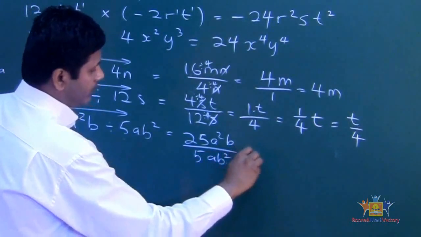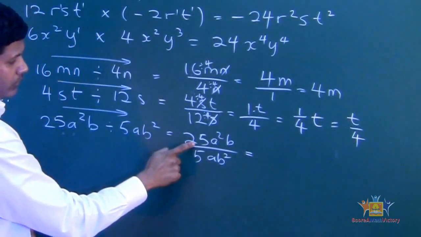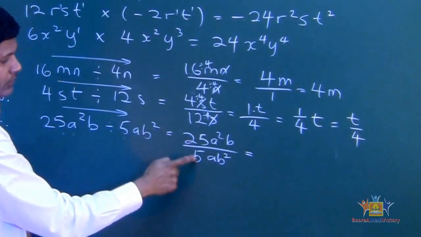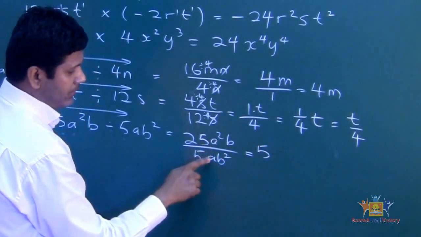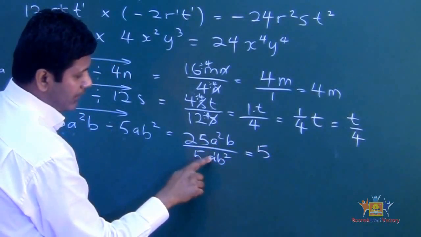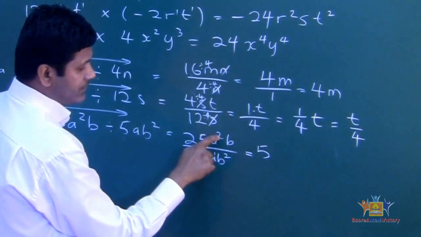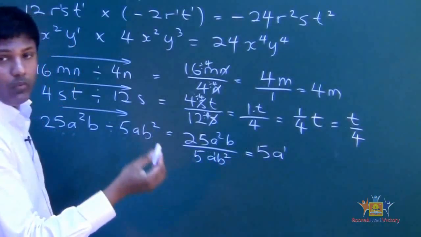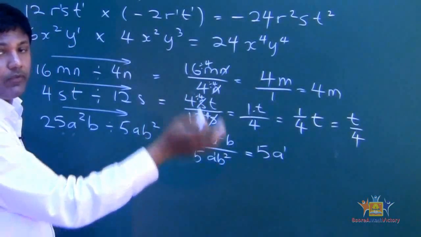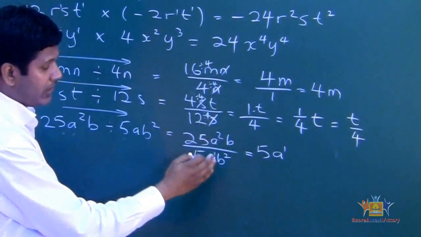Now 25 divided by 5 is 5. A squared, that means there's a 1 right there. I'm going to subtract: bring the 1 up and subtract it out of this 2. So 2 minus 1 is 1. The remainder 1 remains on the top, for the numerator. The denominator is gone. I took it up.